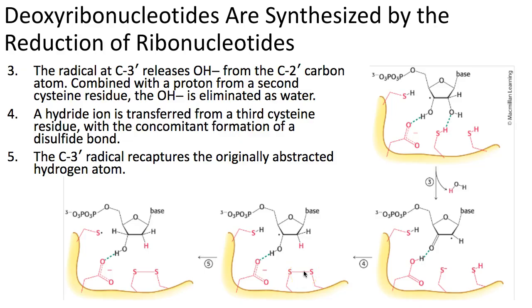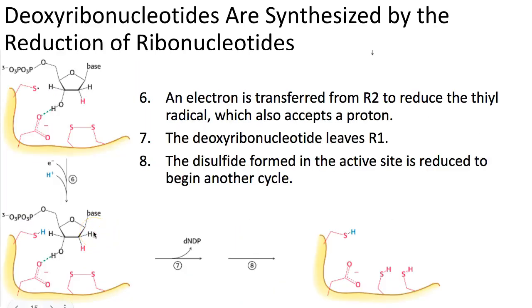And then from there, going into step 5, the C3 radical recaptures the original abstracted hydrogen atom that it came from this cysteine residue. So it takes this hydrogen back, and now you have that radical back onto that cysteine residue.